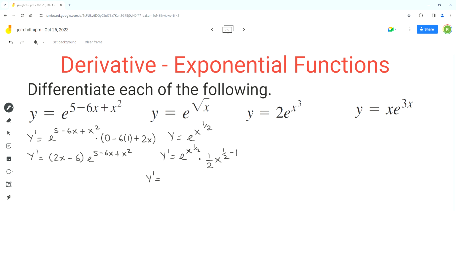Now in the e term, we can change the rational exponent back to square root, the radical. Times, now half, and then in the exponent of x, we can do half minus 1, which is equal to negative half. Now in the next step, we can make the exponent positive by moving the x to the denominator with the 2. So we get 1 over.